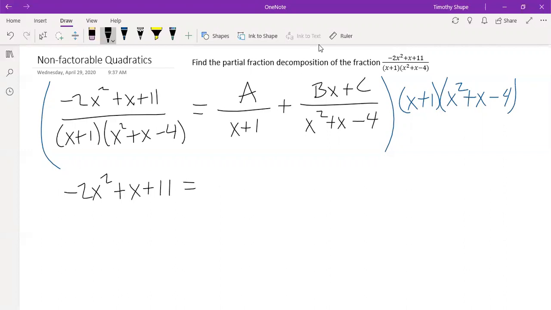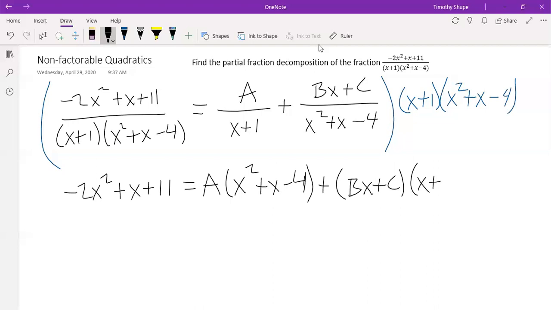When I multiply the fraction with the a by both the x plus 1 and the x squared plus x minus 4, the x plus 1 is going to go away, but the other term is not. So I end up with a times x squared plus x minus 4. And then when I multiply the last fraction by those, I end up getting this bx plus c needing to be multiplied by the x plus 1. So now I can go ahead and distribute this out further.